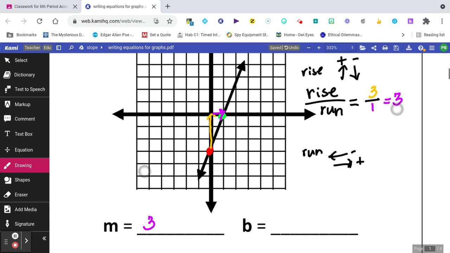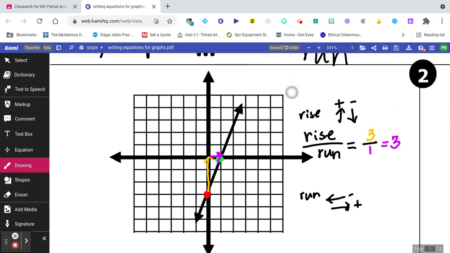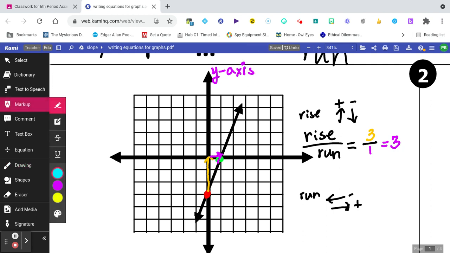And to find b, all I do is just determine where it crosses the y-axis. This part of the graph is the y-axis. So I can see the y-axis and this line meet right here at my red dot.